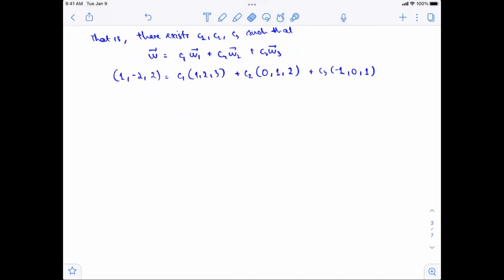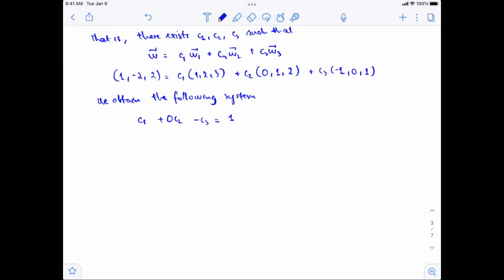So we obtain the following system. So we got 1 times C1 plus 0 times C2 minus C3 is going to be equal to the first component of W, which is equal to 1.